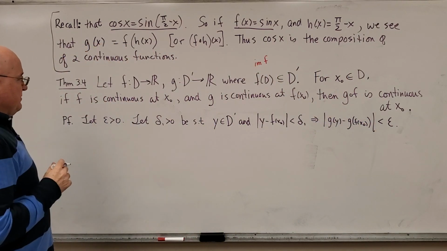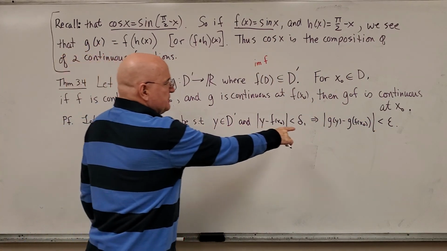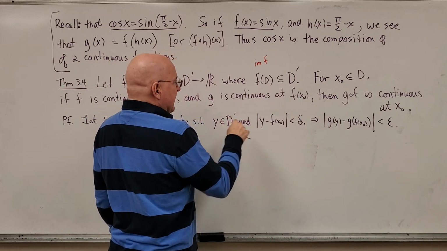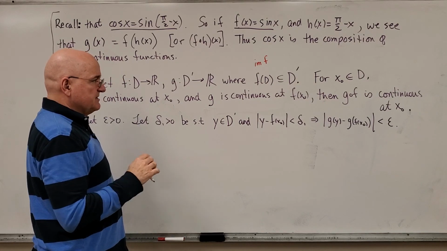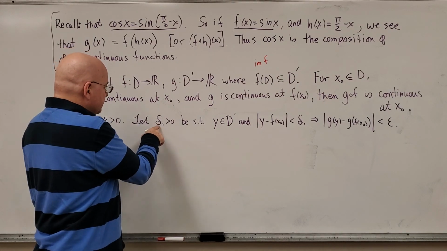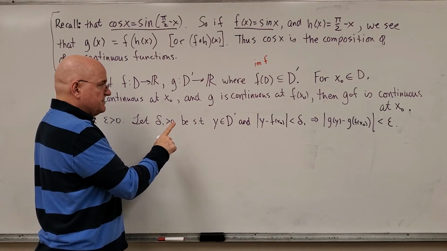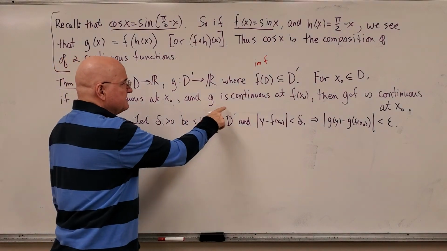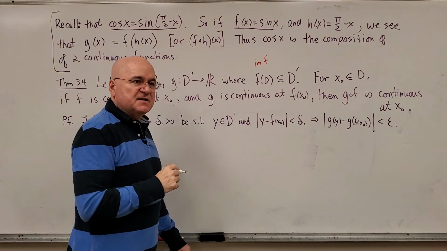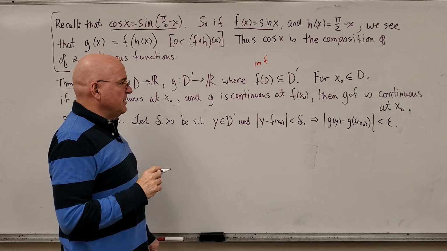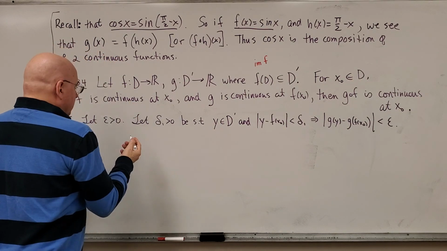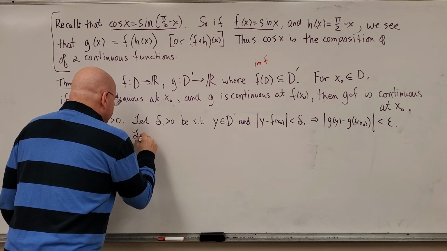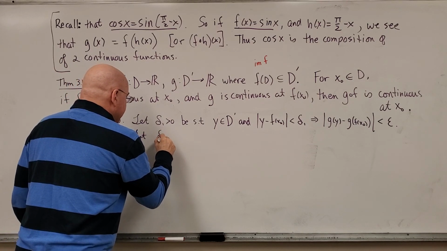Okay, we're allowed to do that because we know that the function g is continuous at f of x naught. So if you want to write the justification, this delta 1 exists because g is continuous at f of x naught. And this looks a lot like the definition of continuity at f of x naught.